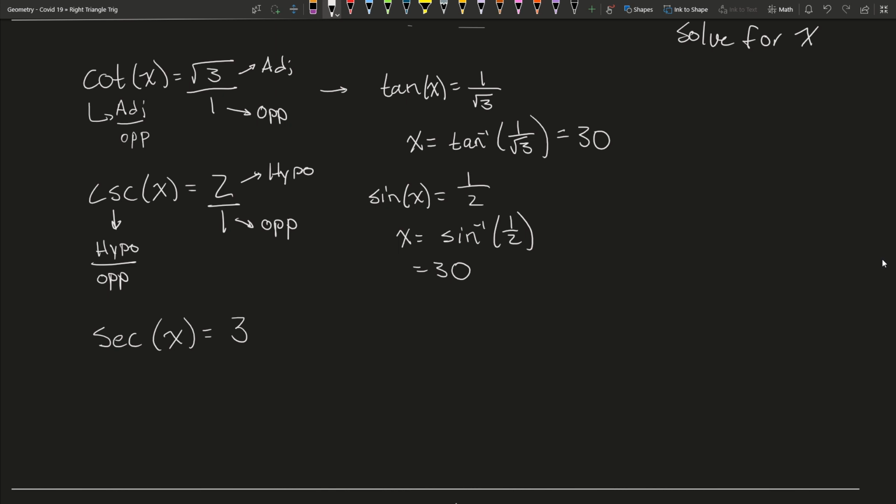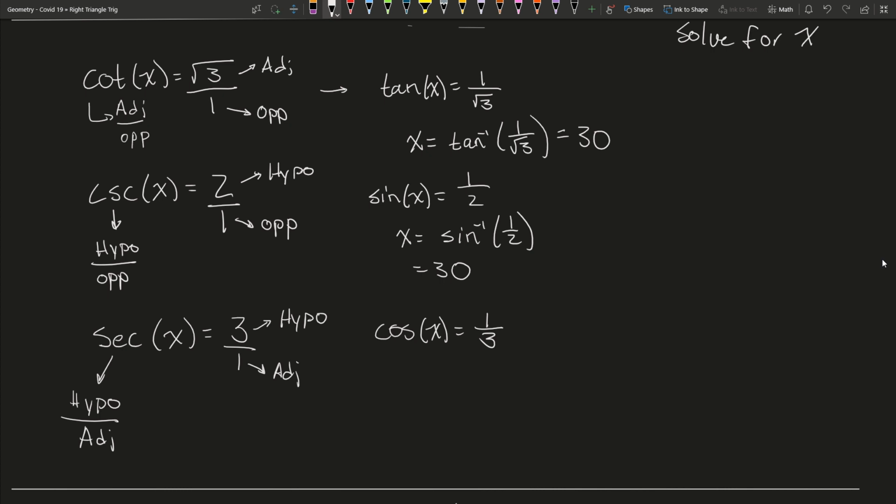And on this third example, secant is hypotenuse over adjacent, which means this numerator is the hypotenuse and this denominator is the adjacent side. So we can rewrite this in terms of cosine, where cosine of x is equal to 1/3. Then again, we solve using inverse trig.